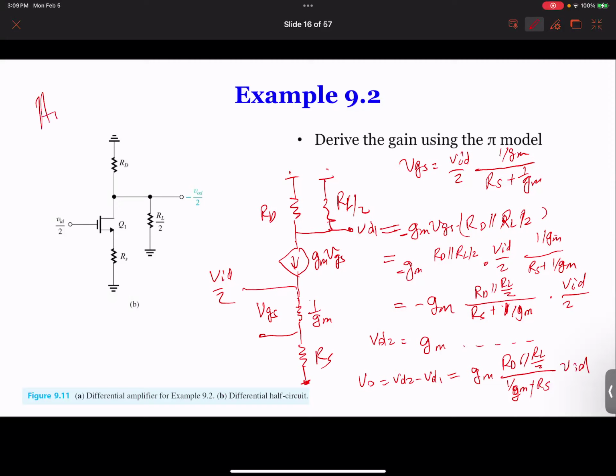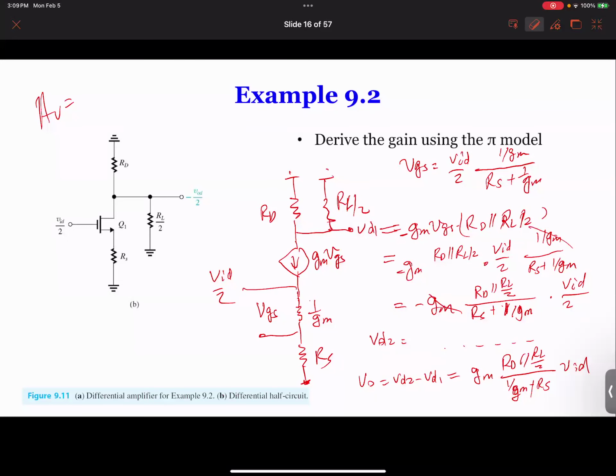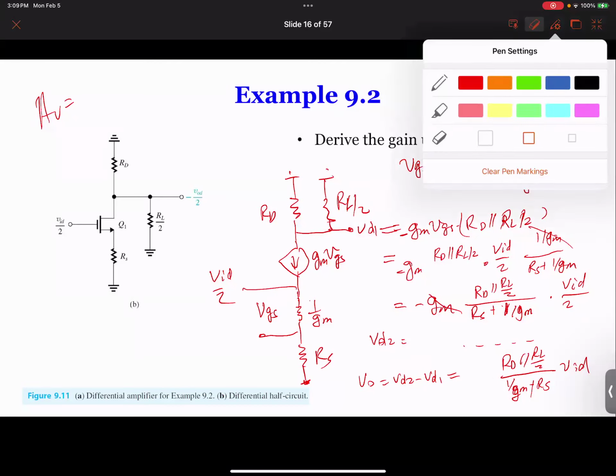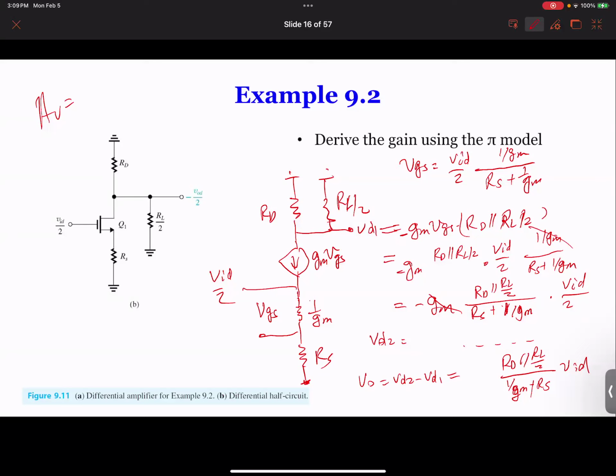And here we got a voltage gain equal to, no, that GM is cancelled actually. That GM cancelled with this GM. So there's no more GM here. So we got the gain is going to be RD in parallel with RL over 2 divided by 1 over GM plus RS. So that's your gain.